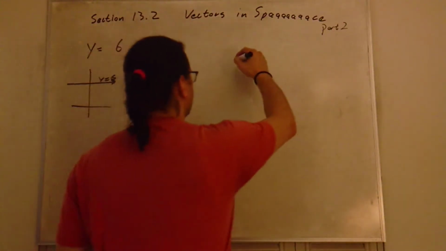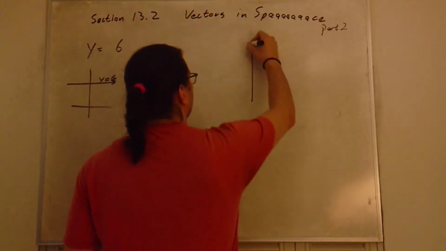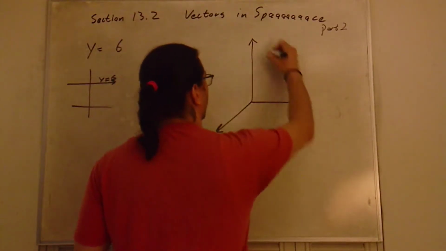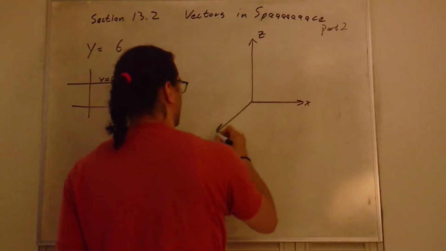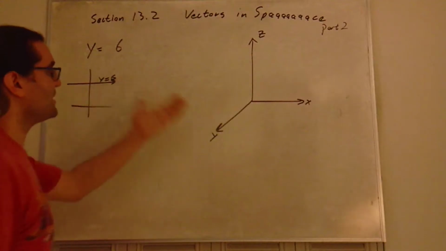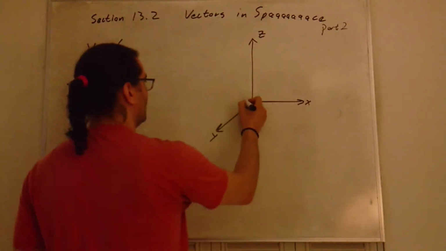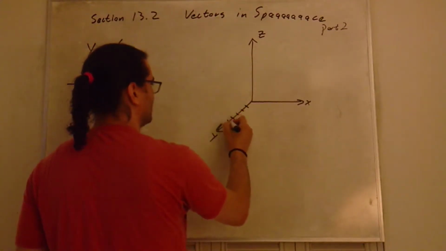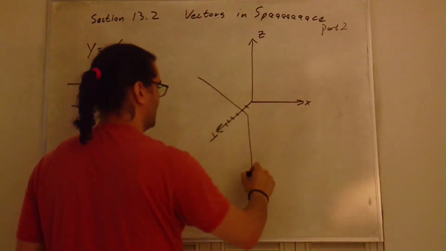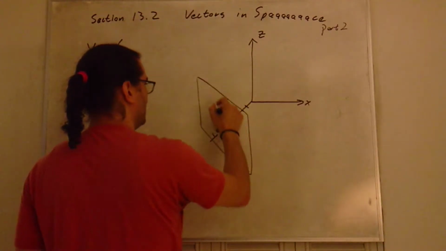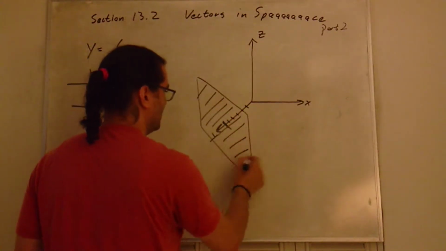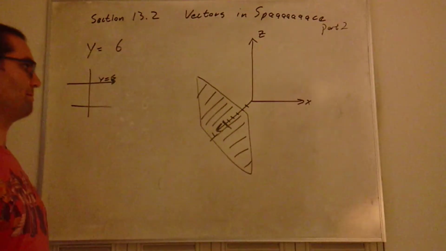In 3 space, I'm going to see if I can draw one of these. So this will be x, this will be z going up, and this will be y going sort of out. In 3 space like this, the function y equals 6 is going to give you a plane.